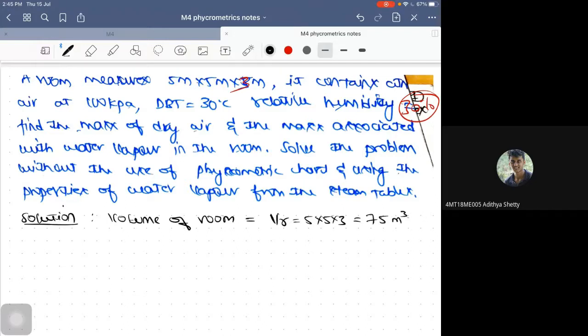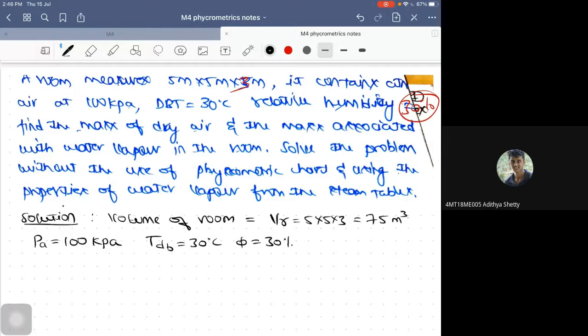It contains atmospheric air at 100 kPa, so the pressure of air is 100 kPa. The dry bulb temperature TdB is given as 30 degrees Celsius. Relative humidity is specified as 30%.